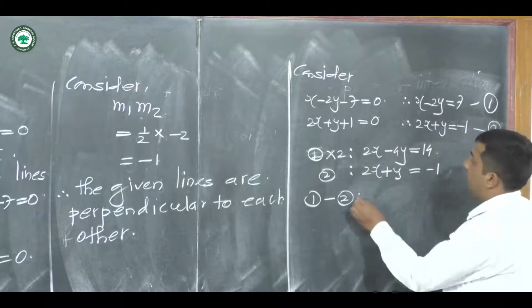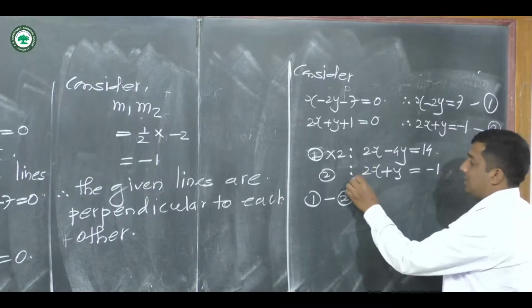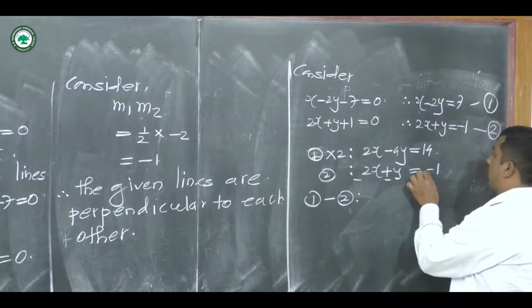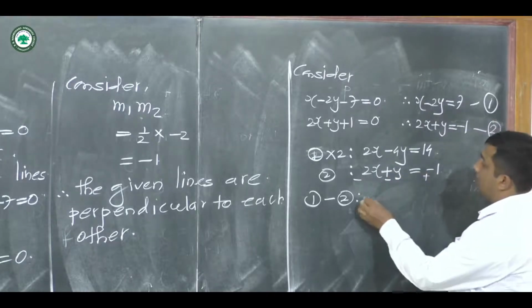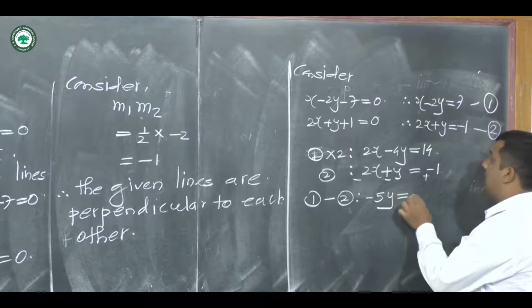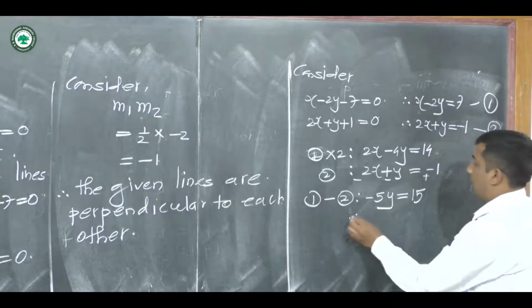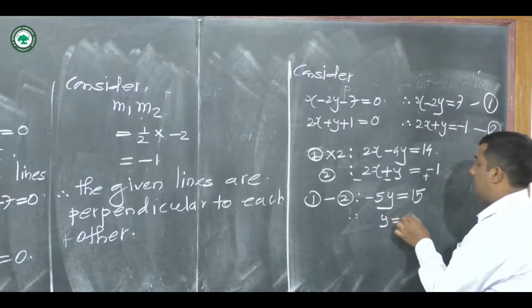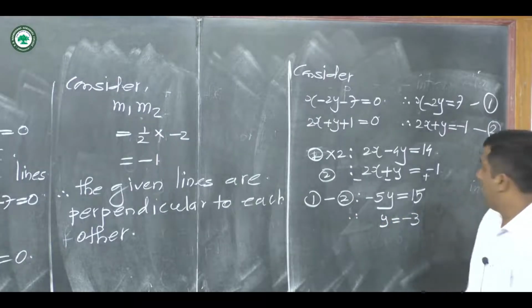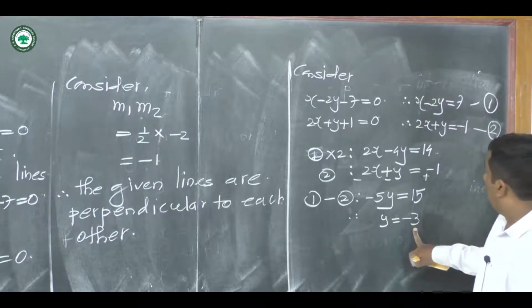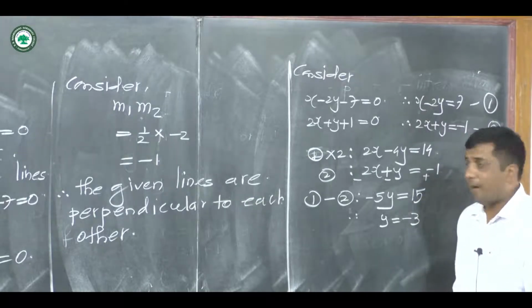If we consider the subtraction, minus of plus is a minus, minus of minus is a plus, and we get minus 5y is equal to 15. And here we get y is equal to minus 3.